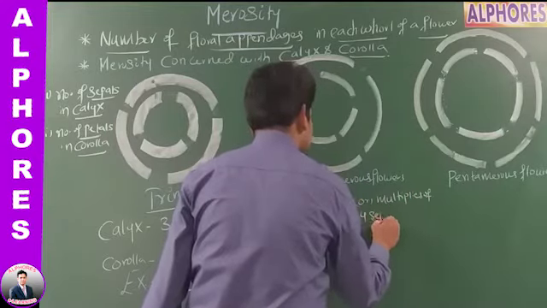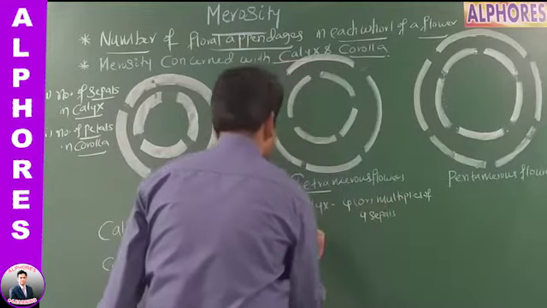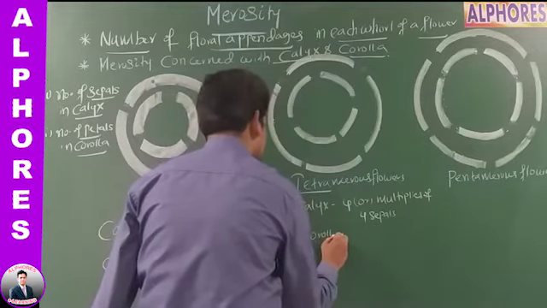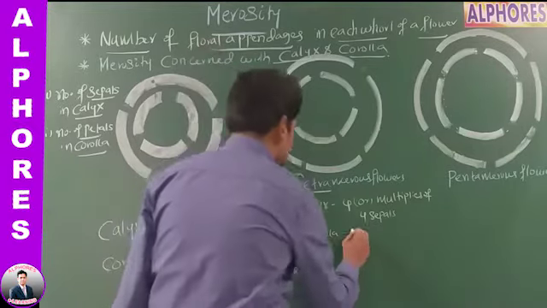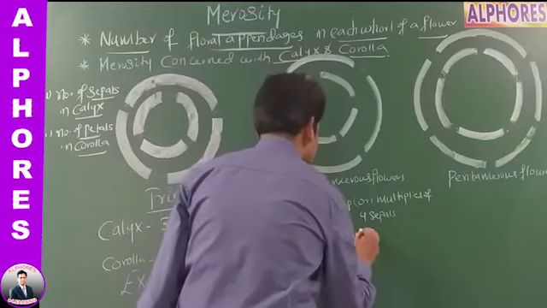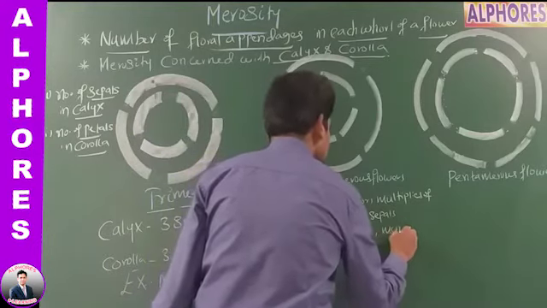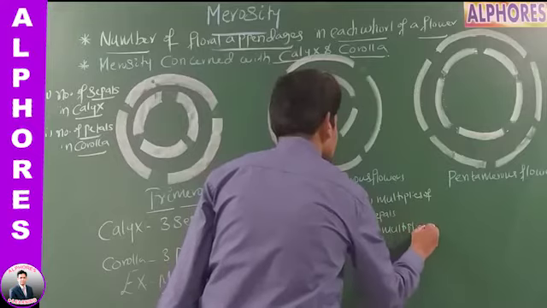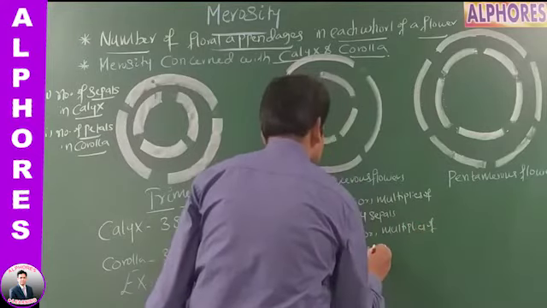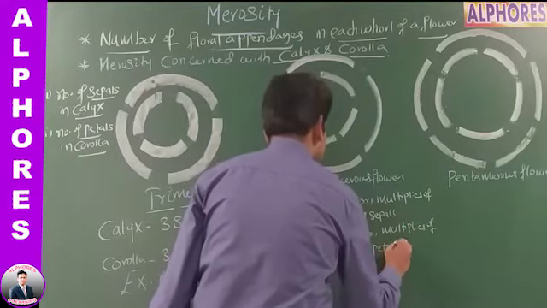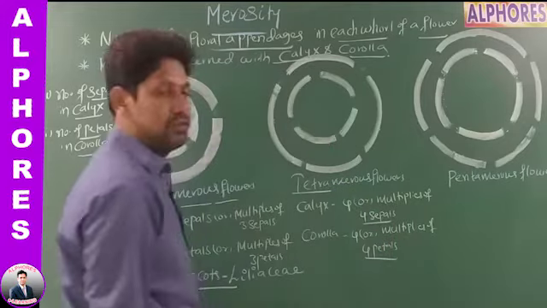Multiples of 4 sepals. Next, corolla, sir. Corolla, 4 petals or multiples of 4 petals. Multiples of 4 petals. Having 4 sepals and having 4 petals.